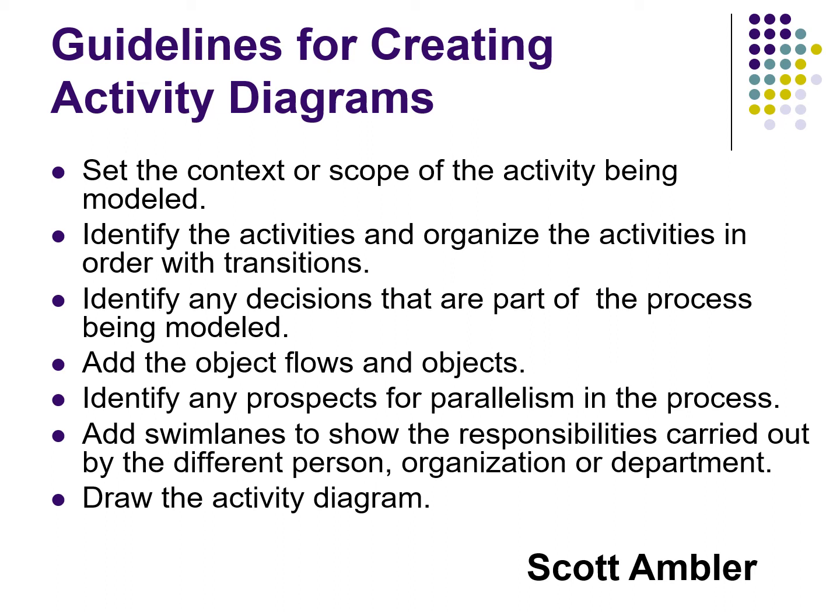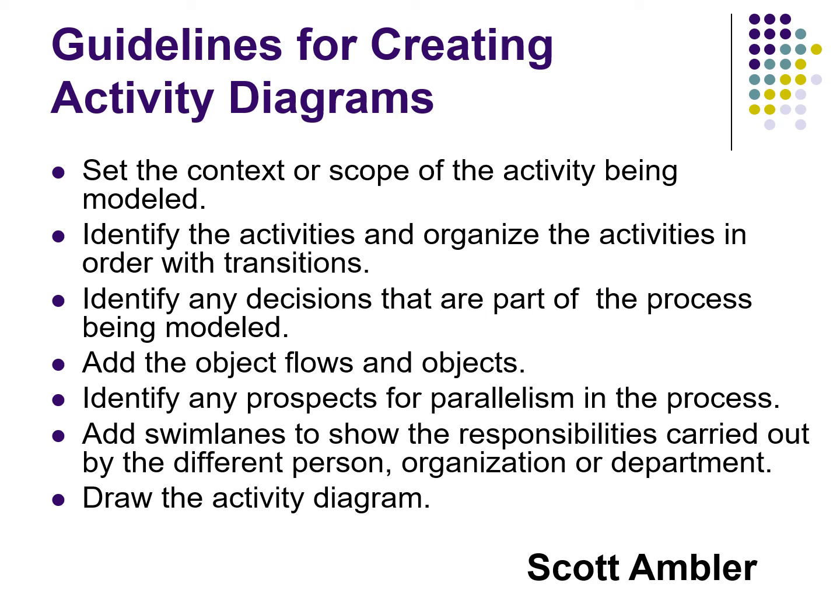Then you think about any decisions that might be involved in the process or while executing the activities. Then you identify what the conditions involved are, and then you add object flows and objects.